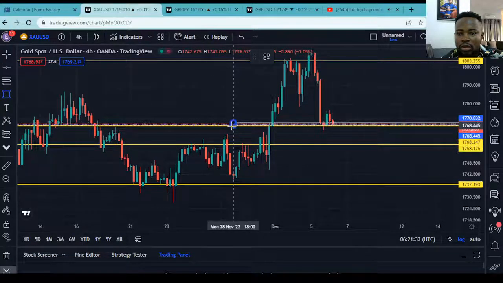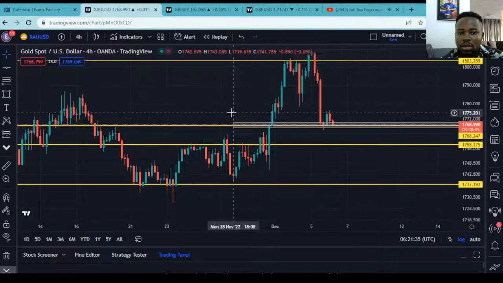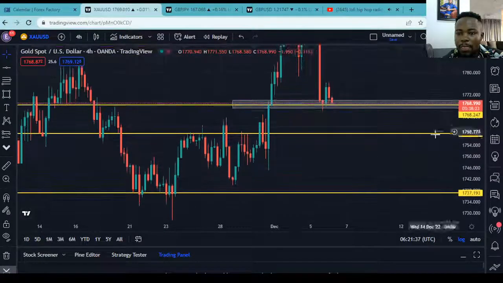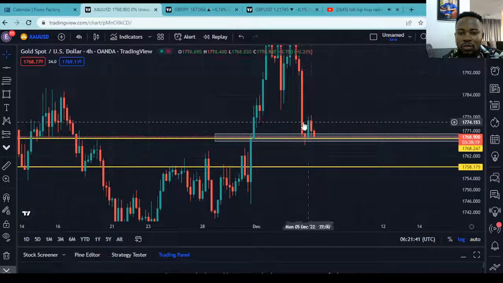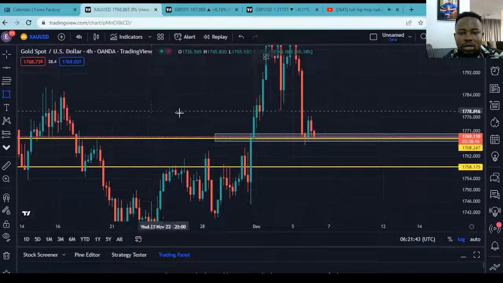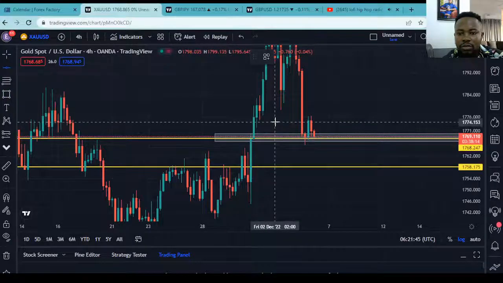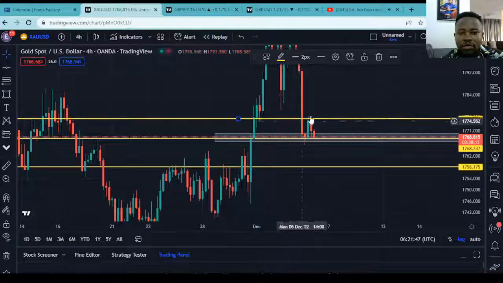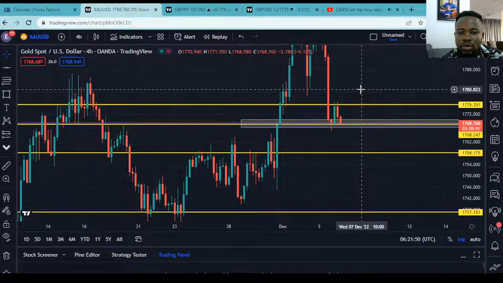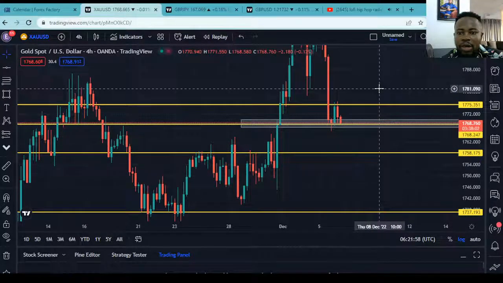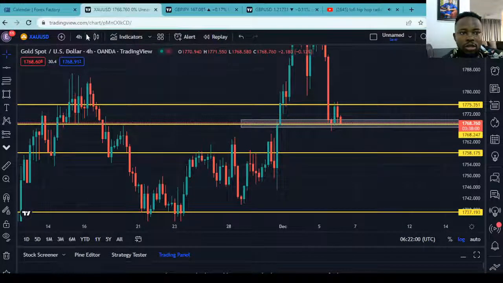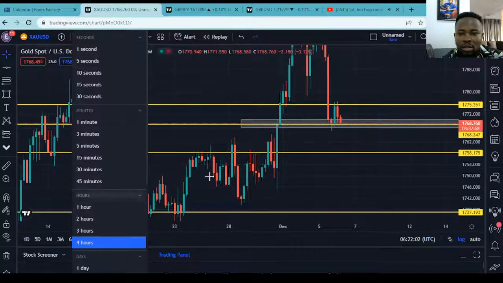We've created a support in this area here, and also we'll have a resistance created here on the 4 hours time frame. So what we're doing right now is to identify exactly where we'll be taking our buys and where we'll be taking our sells from, right?